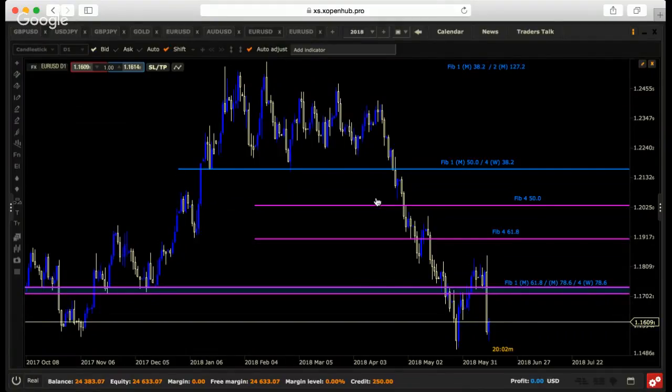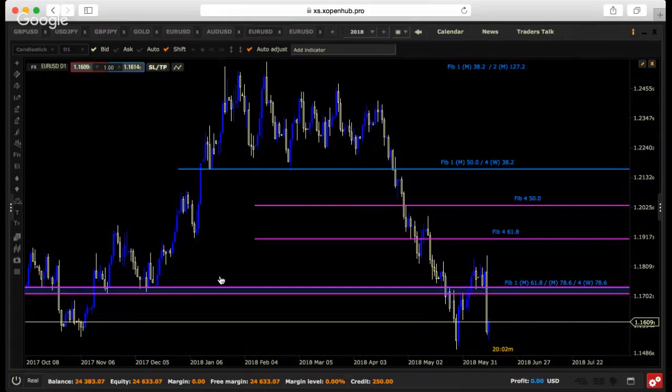When we look at the marriages, what we want is price to reach the marriages. That's all we want. If price never reaches the marriages and the zones, then we're not trading it. We don't even care. The zones that are outside of our marriages, we don't even need to look at. I don't even want you guys to look at them.